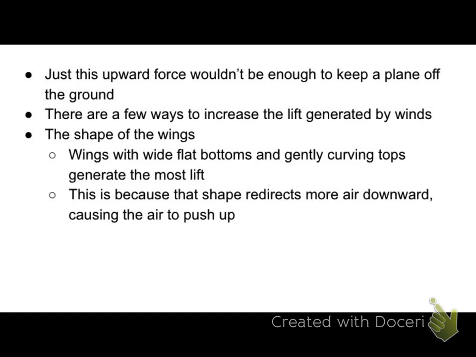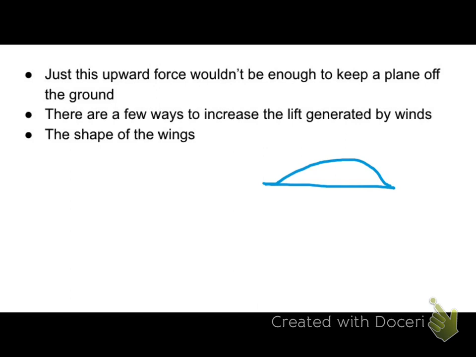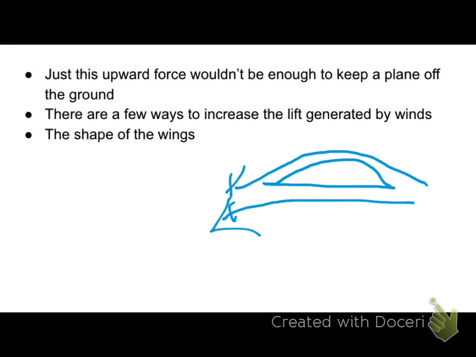But if we're looking at this shape again, as air goes over, it's directed downward, and as air goes under, it's directed downward. So both of those being directed down a little bit causes that opposite force to be directed up and generates lift.